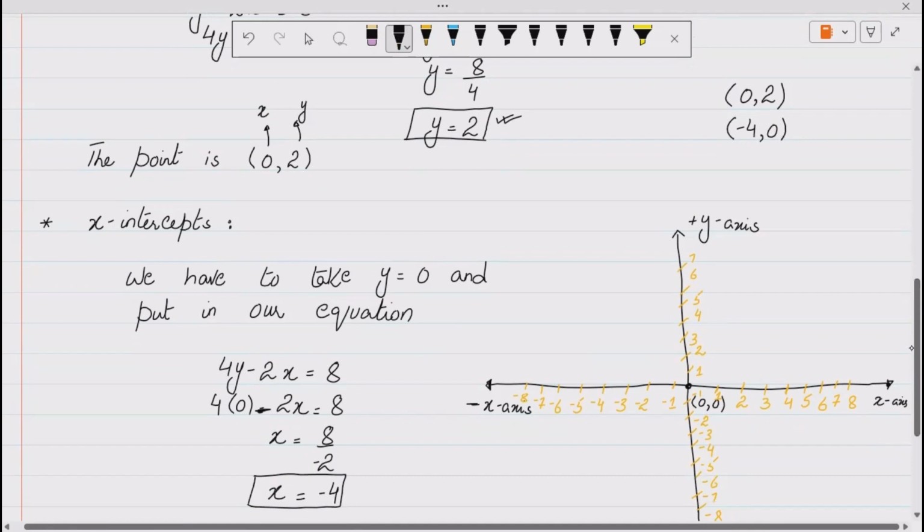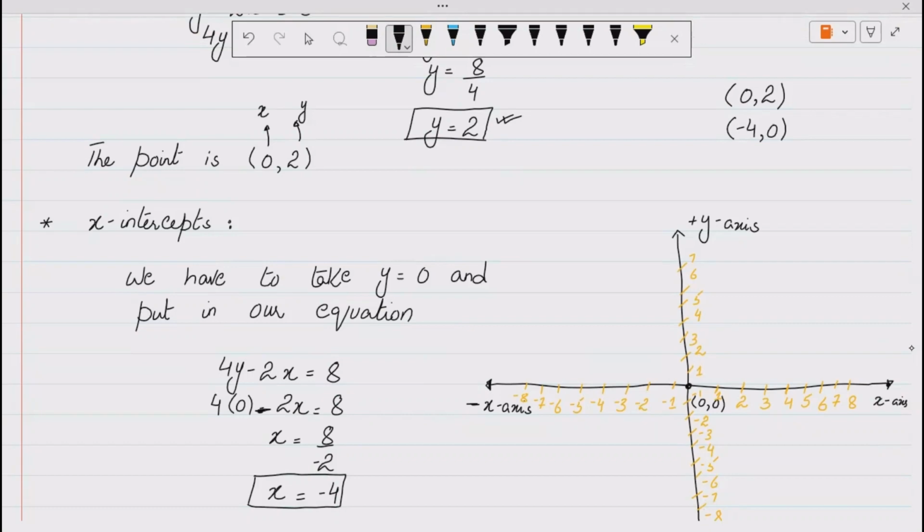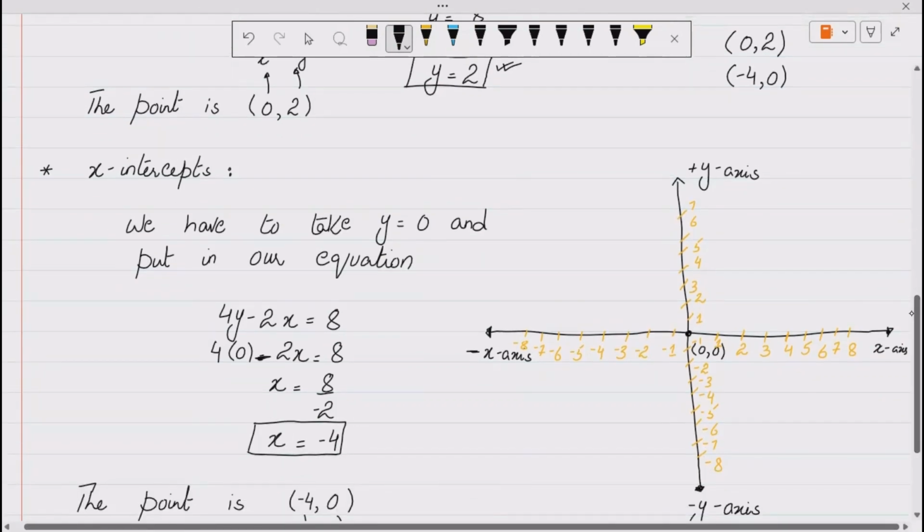Our first task is to find these 2 points in the graph. The first point: x is 0 and y is 2. This point which I am crossing is the point where x is 0 and y is 2.